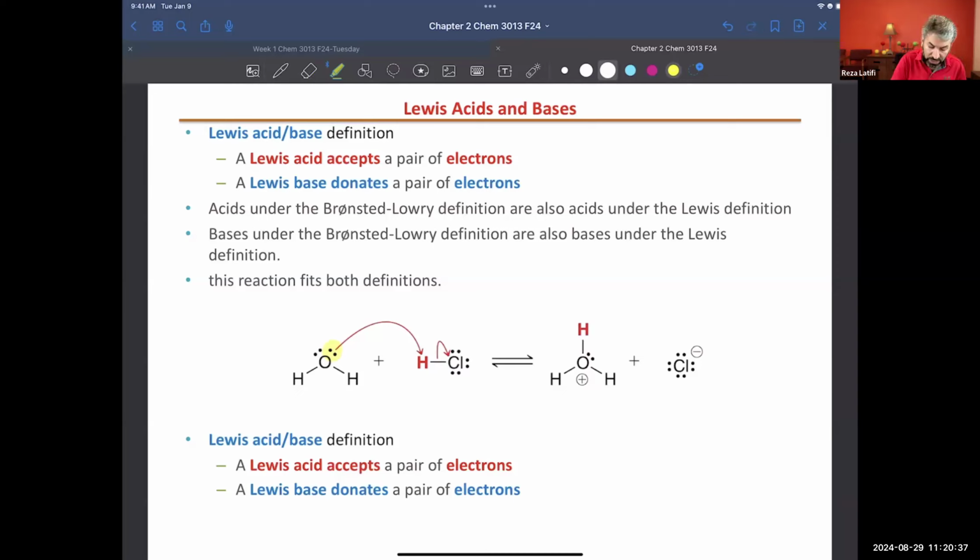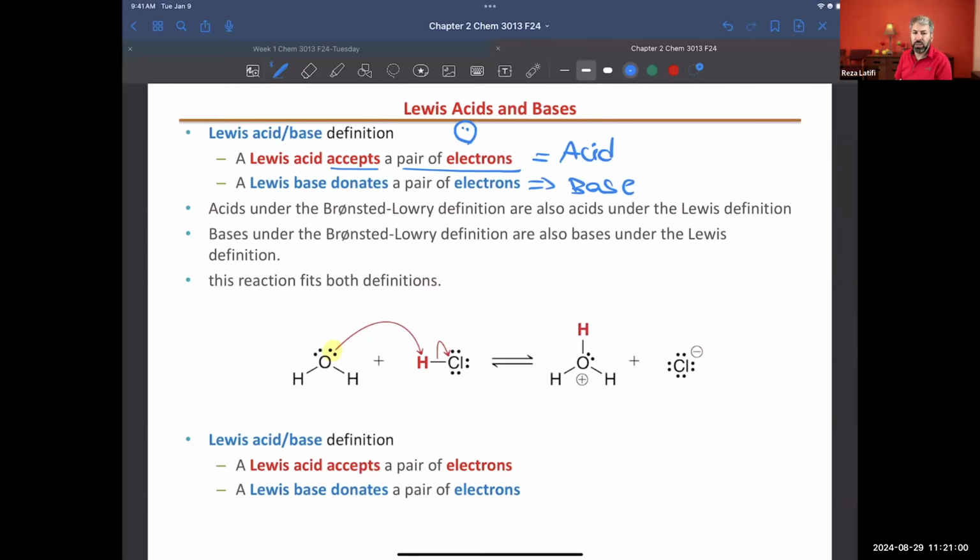If you are accepting a lone pair, you will be an acid. If you're donating a lone pair, you will be a base. I want you to be careful about donating or accepting, and not get confused with Bronsted.